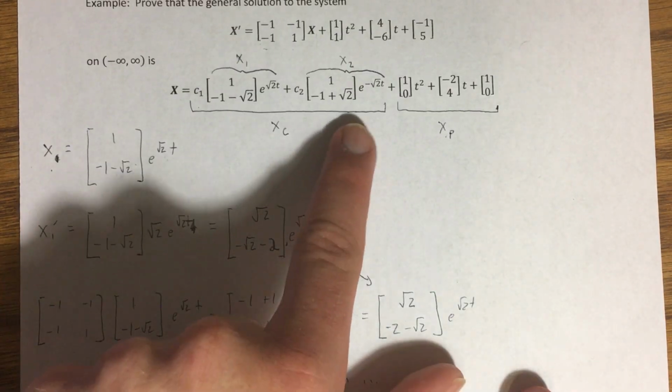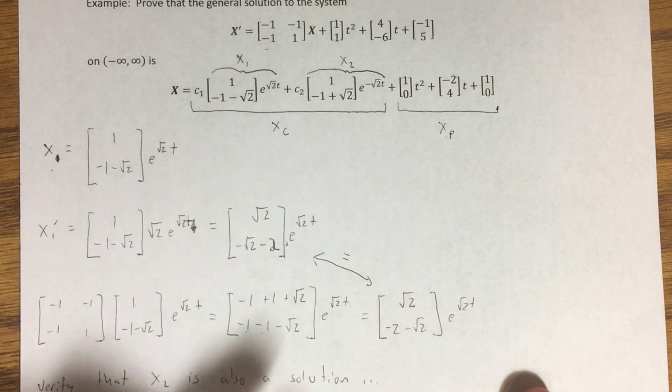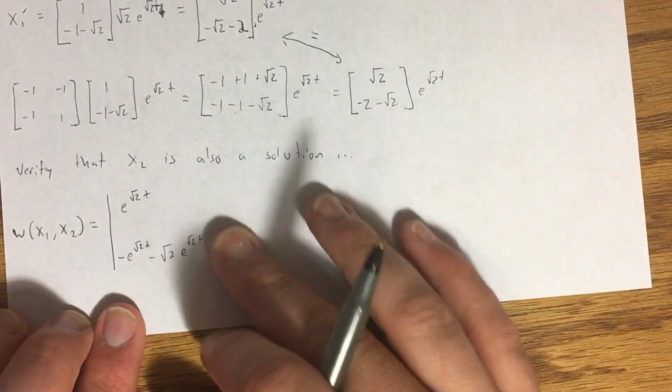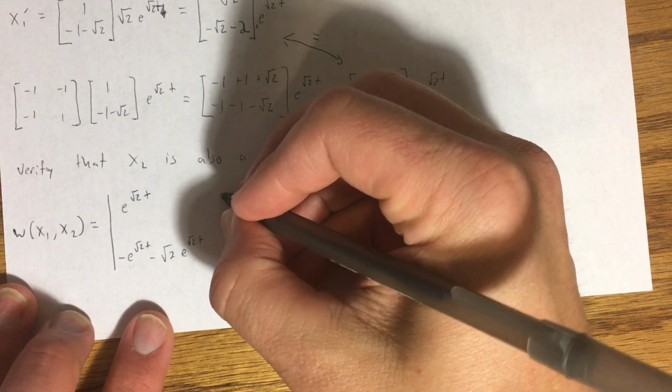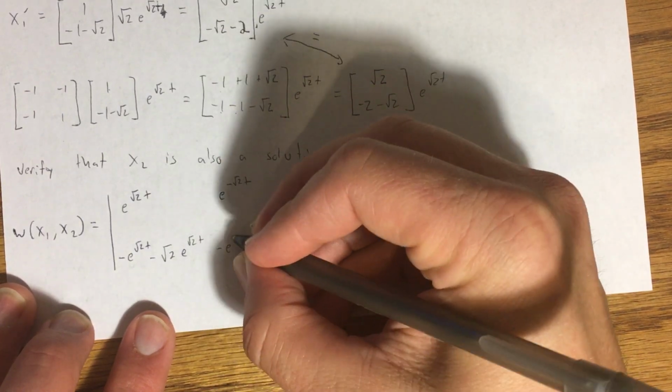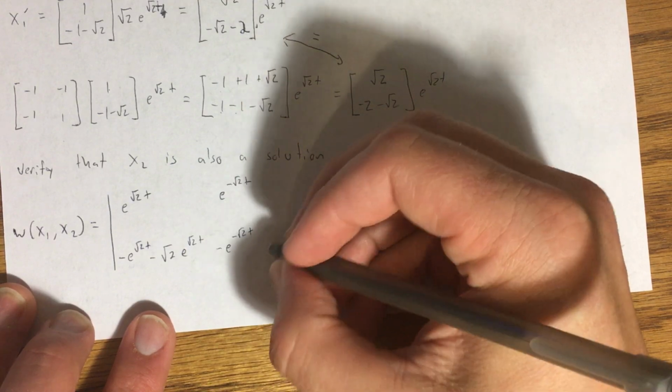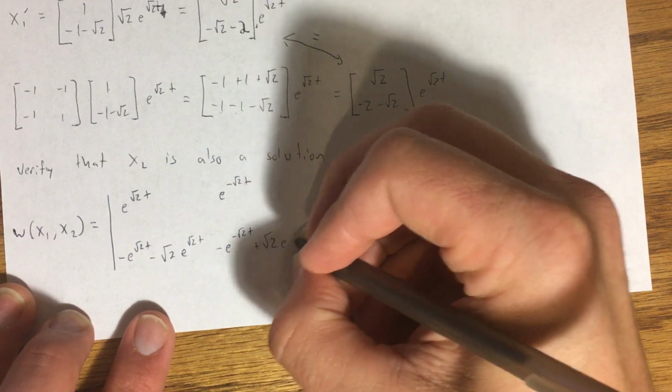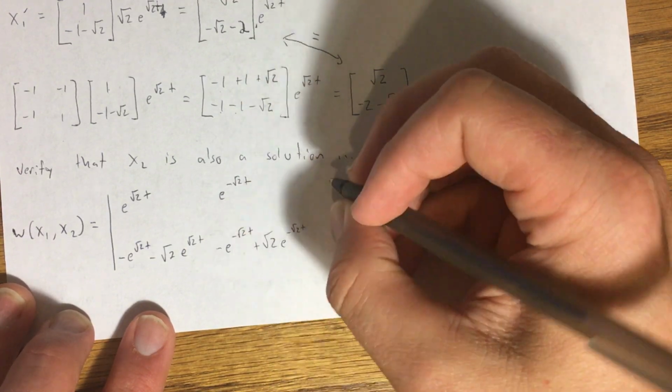Okay, now up here, if I multiply this exponential function into that matrix and use that as a column here, it's going to look like e to the negative root 2t, negative e to the negative root 2t, plus root 2 e to the negative root 2t.